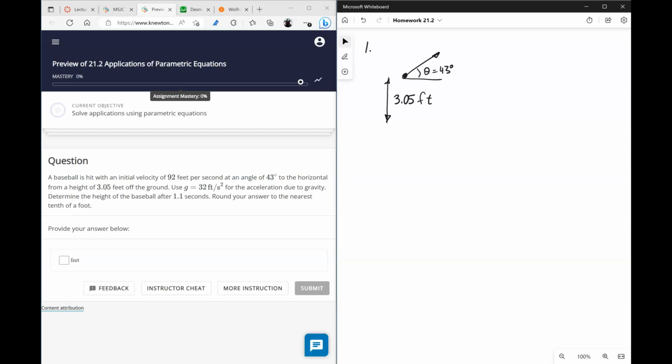But here's the idea. We're going to break this motion into two components, the horizontal and vertical. And each of the components acts under different laws of physics. The horizontal component doesn't have any acceleration. And if it wasn't for the air resistance, or gravity, the ball would just travel indefinitely far.